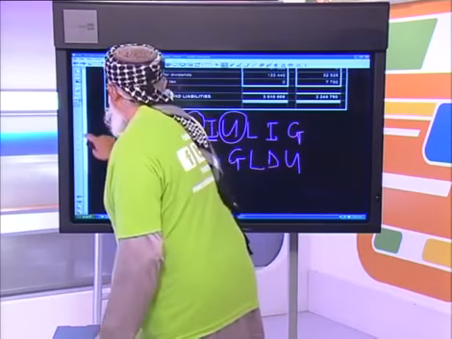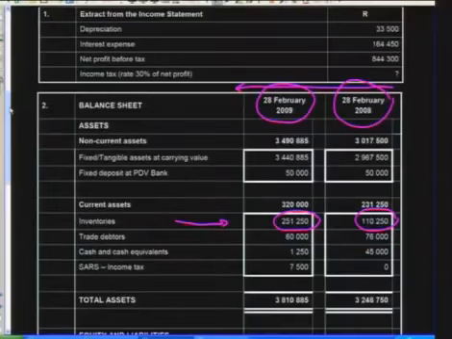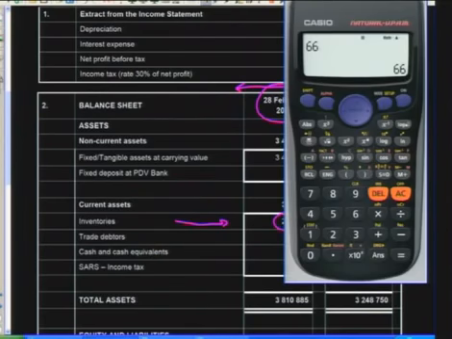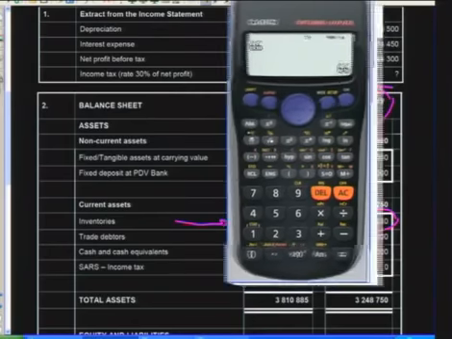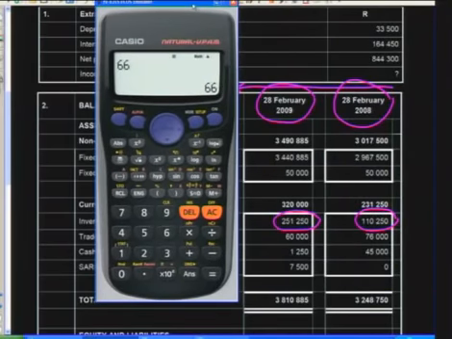Okay, let's go back. You can see that we have utilized the cash, and immediately I say, fine, let's do the calculation there. My calculation would be, let's keep our calculator there in front of us. Right, here goes.